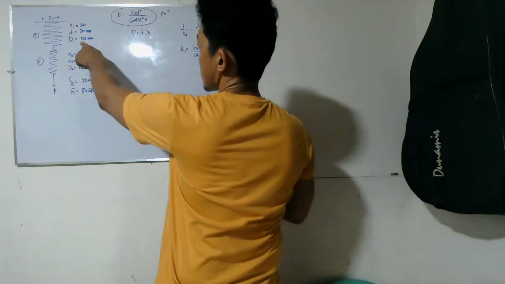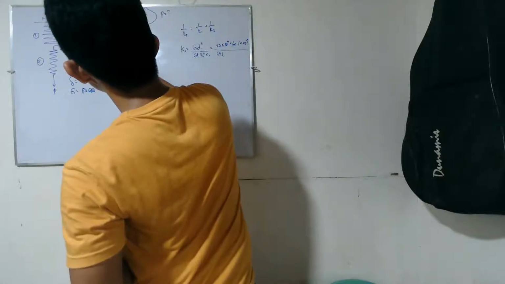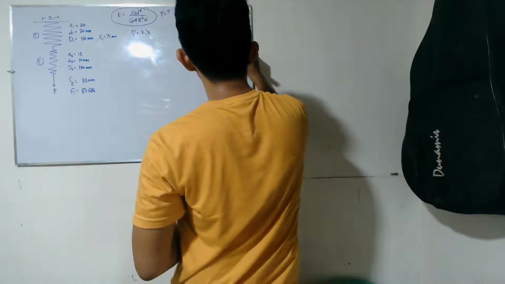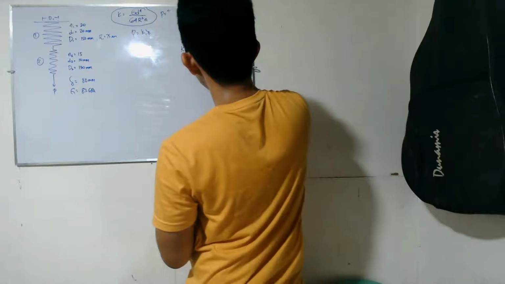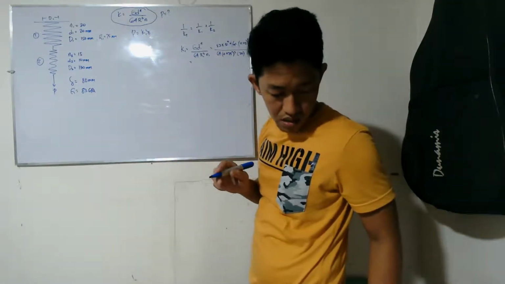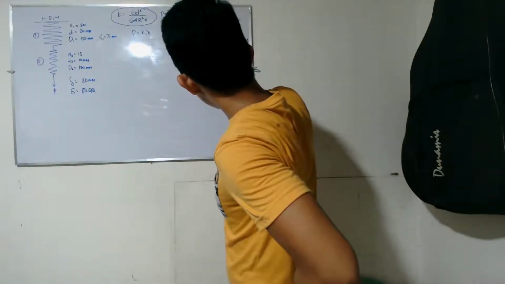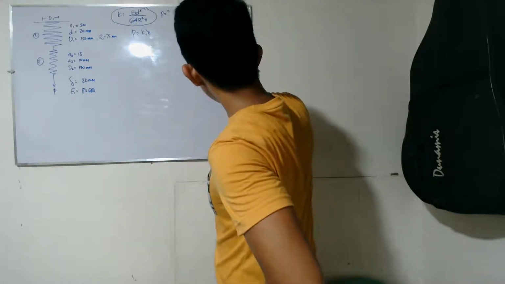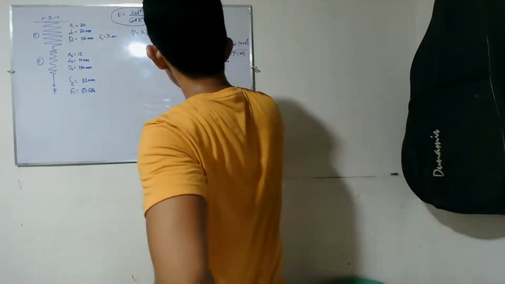R1 is 75 mm, so 0.075 cubed, and N1 is 20. Calculating, K1 is 24,592.59 newton per meter.